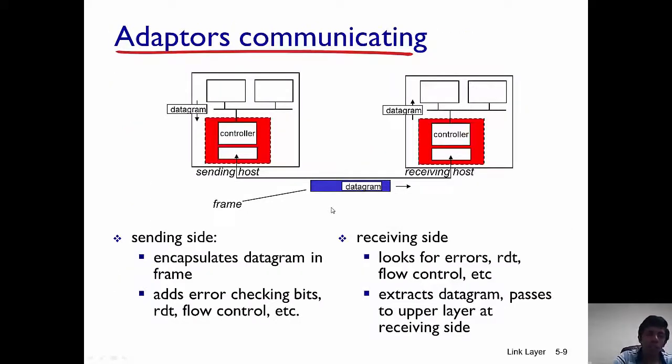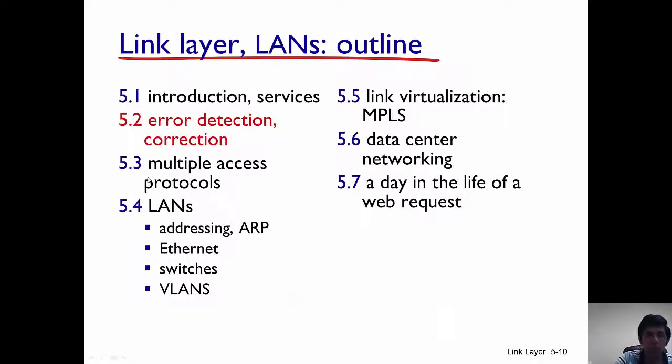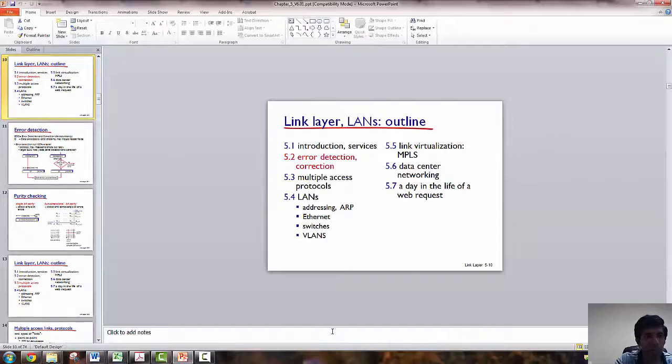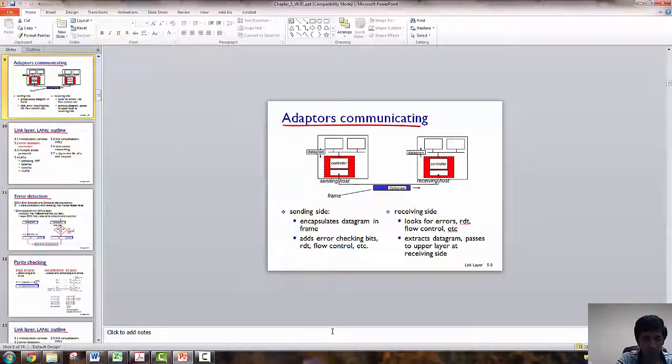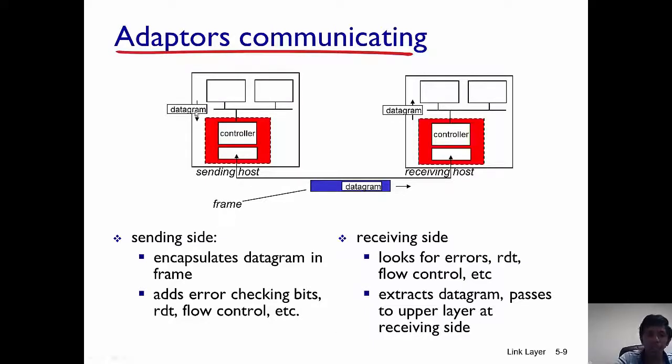Now, the other thing is, I want to give you a brief overview of how two adapters or two hosts connected by a link communicate. What happens is the datagram, which comes from the network layer, is encapsulated in a frame at the sending side.